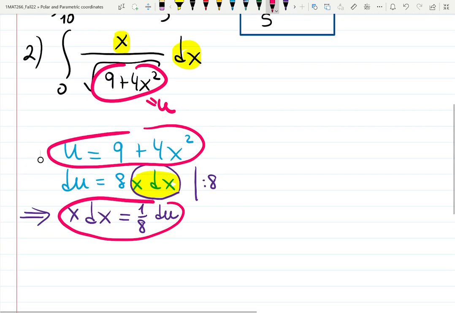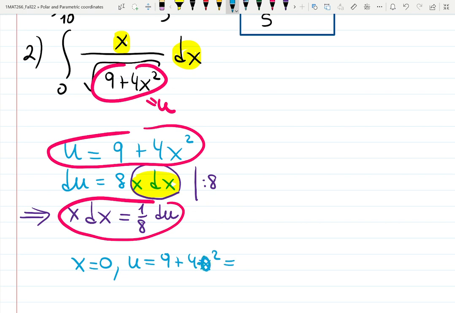Not done. We need to figure out the limits 0 and 10. Let me remind you how to do that. When x is 0, u was chosen to be 9 plus 4x squared.